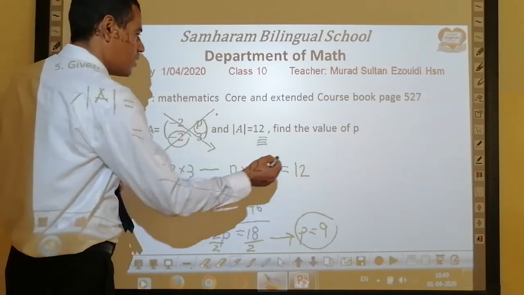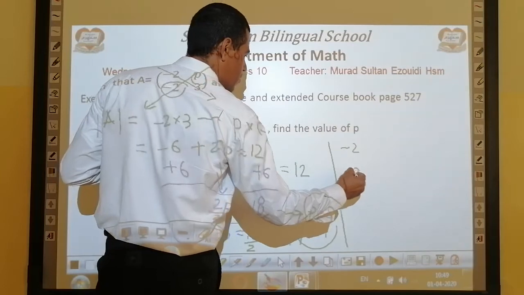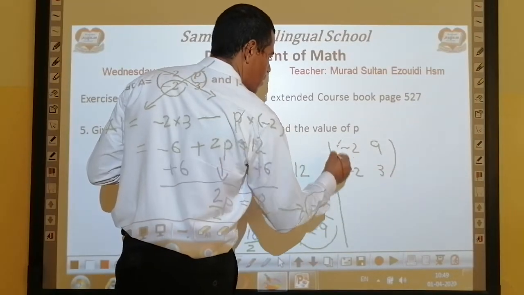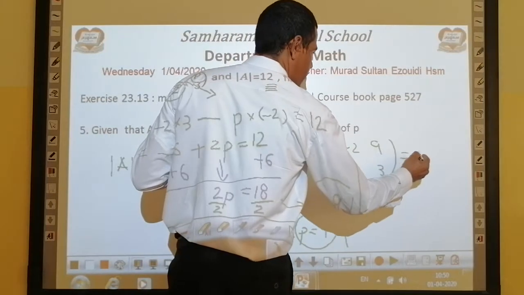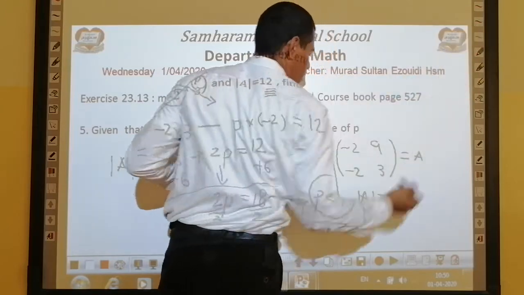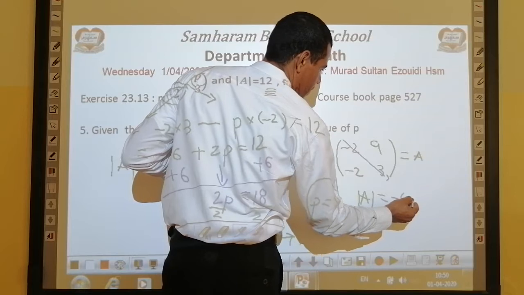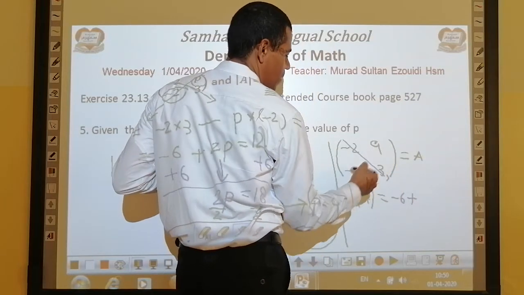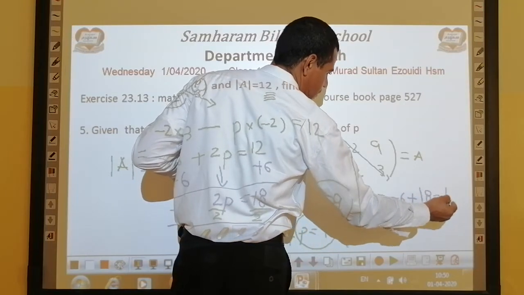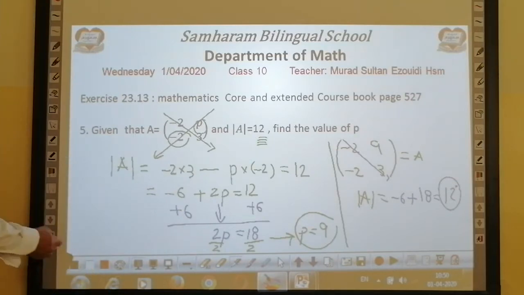If you want to check, take the matrix [-2, 9; 2, 3]. What is the determinant of A? It is -2 multiplied by 3, which is -6, plus 9 multiplied by 2, plus 18, which gives 12. And this is 12. Good boy.